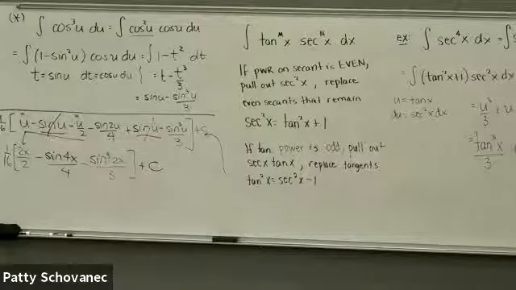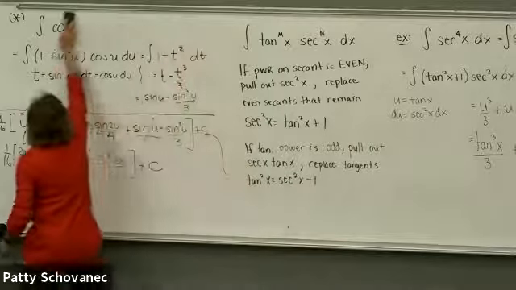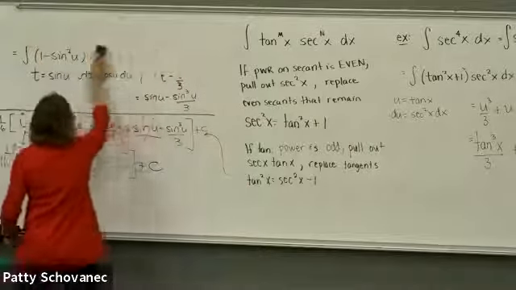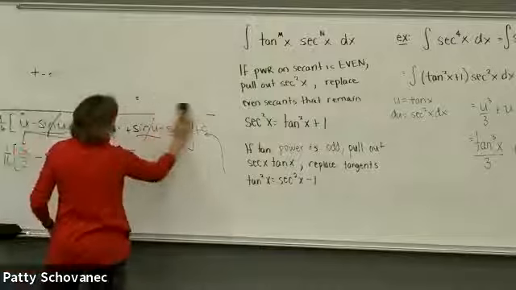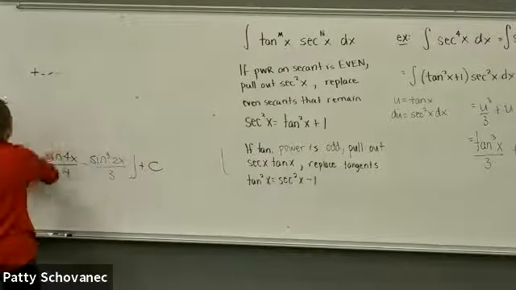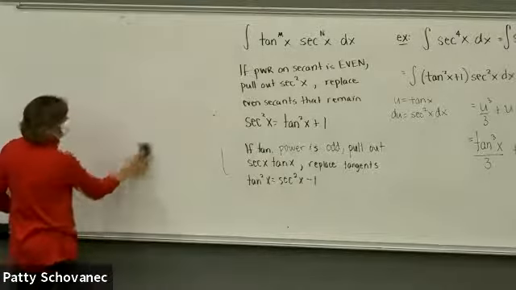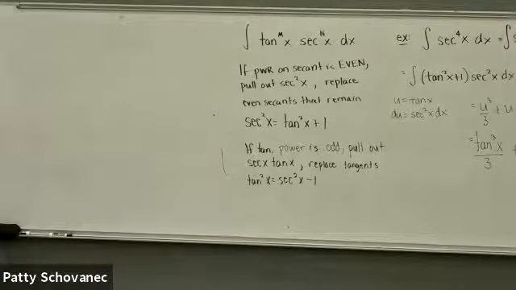Here, having the even power on the secant made this an easy problem. Having an odd power on tangent makes an easy problem if there's a secant present. If there's not a secant present, then it's not so great.